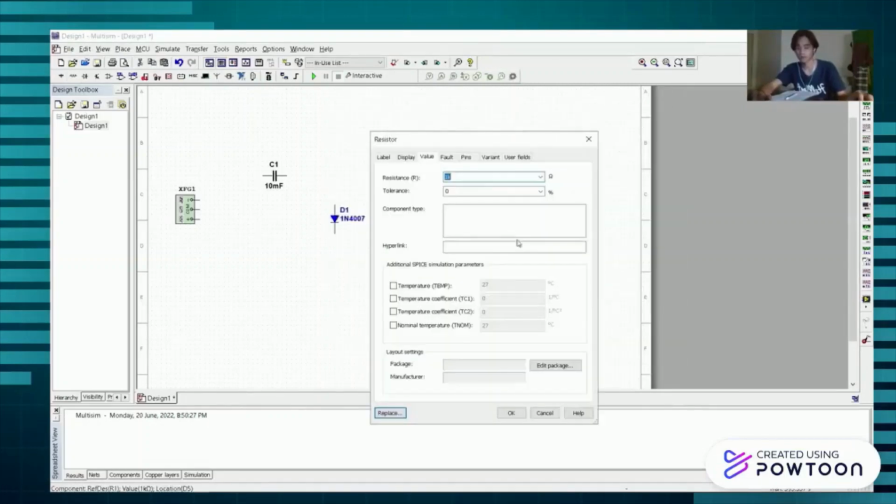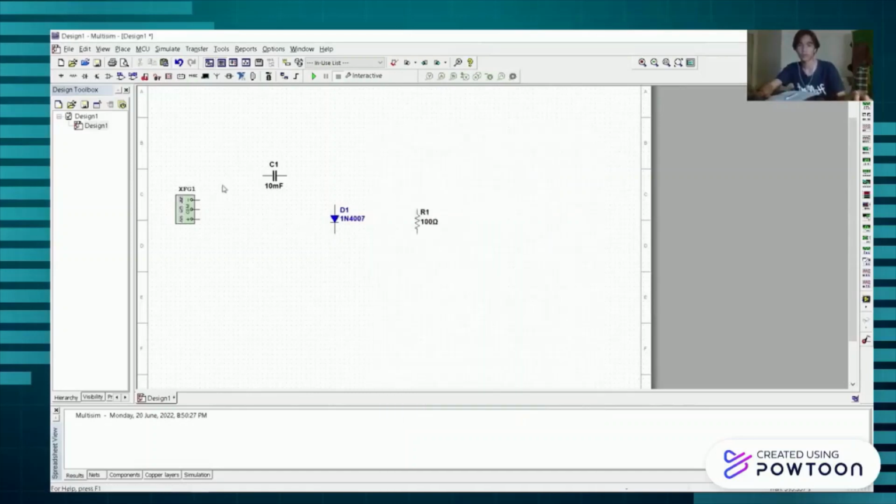Now make connections for all components. Positive function generator connect to capacitor and make a parallel connection for diode and resistor with capacitor. Also don't forget ground. Negative resistor connect to ground and negative function generator connect to ground.